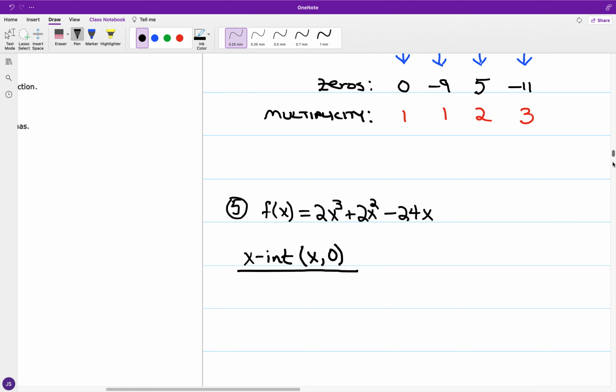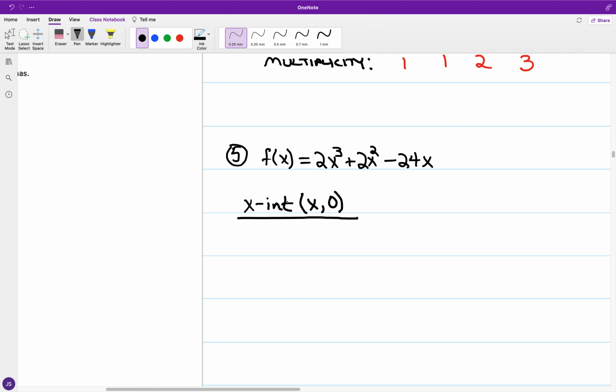If we look at the x-intercept first of all, y is symbolized in functional notation as f of x. And if we set this equal to 0, we have 0 is equal to 2x cubed plus 2x squared minus 24x.